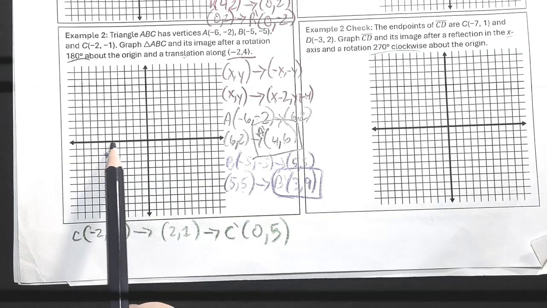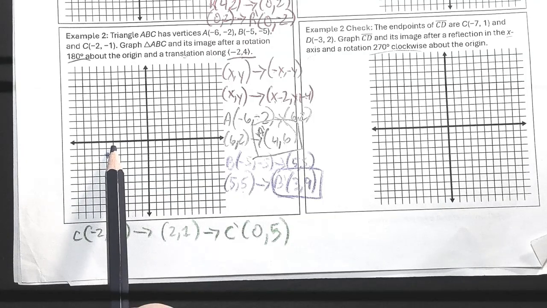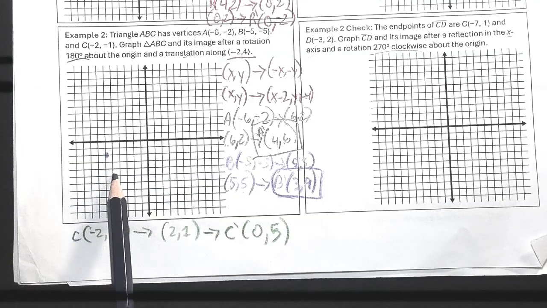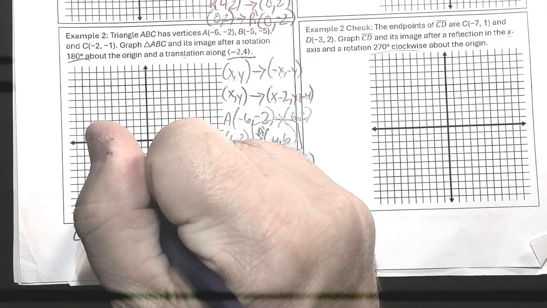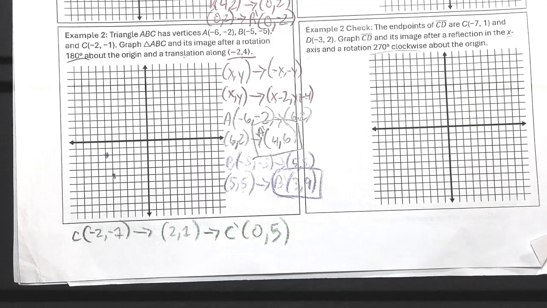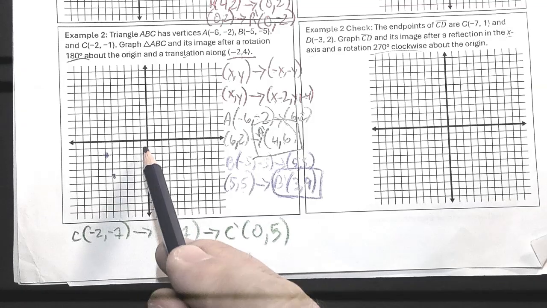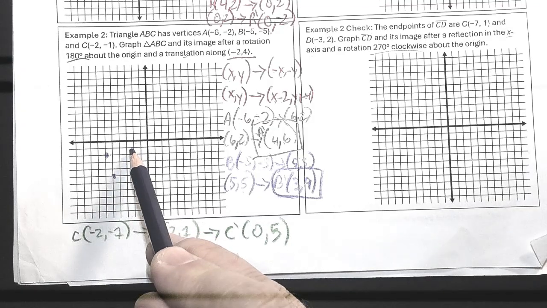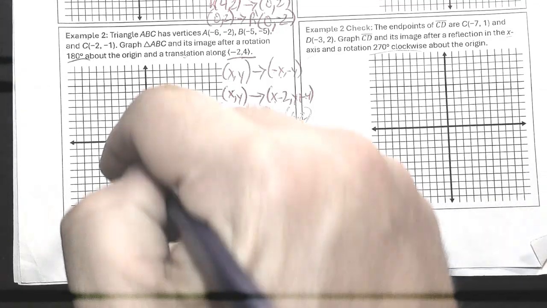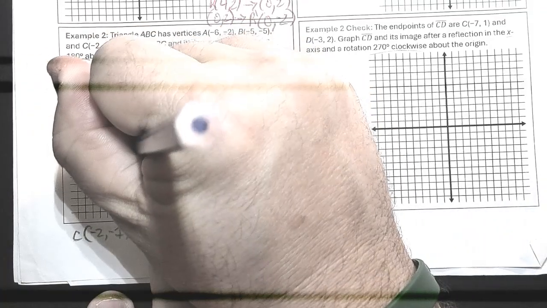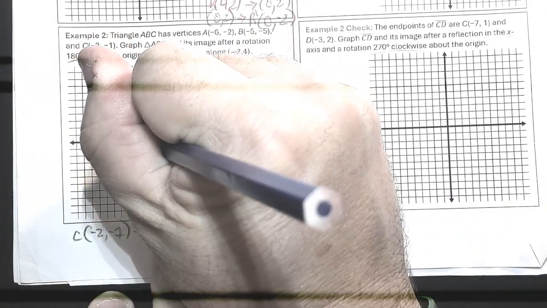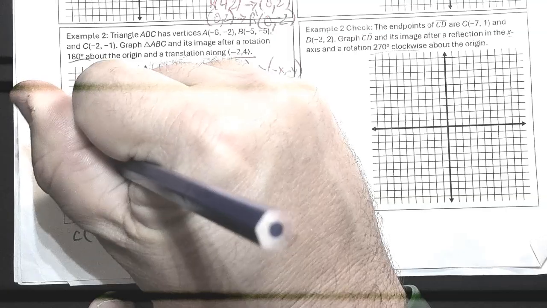So if this was 6, I'm going back 1 and then 1, 2, 3, 4, 5. And then C's at -2. This was C. A.